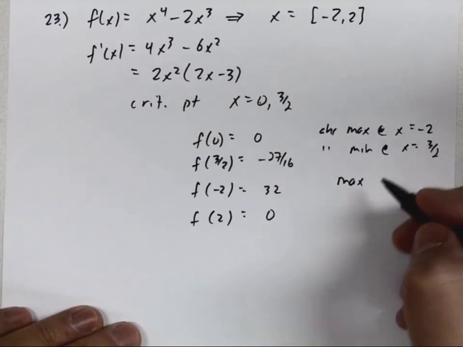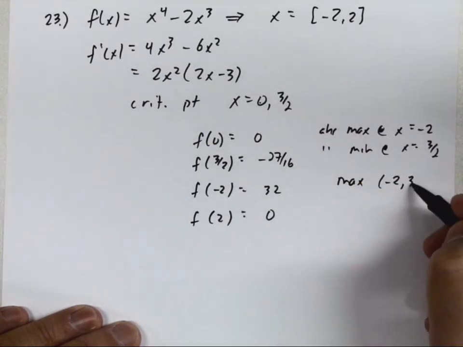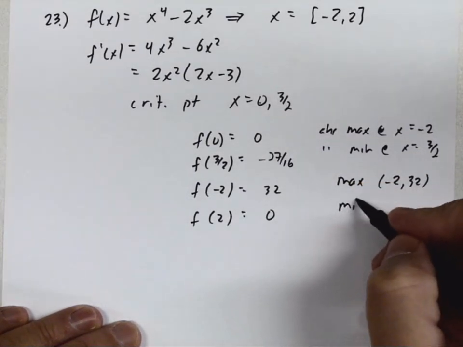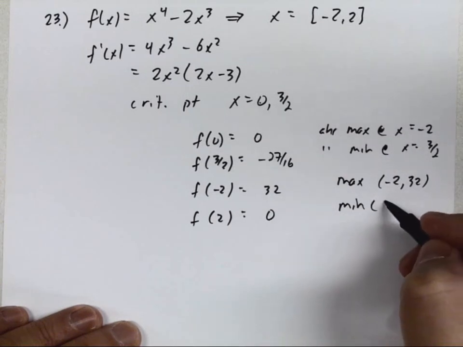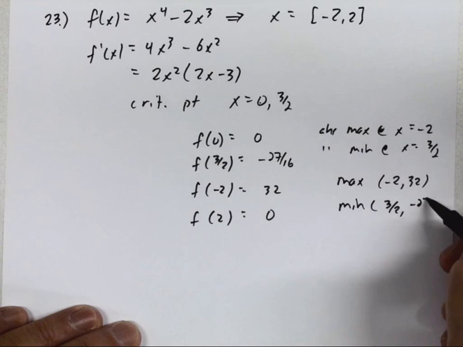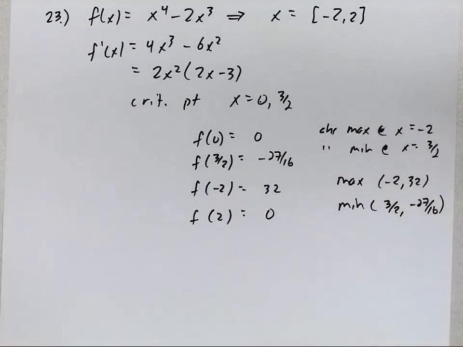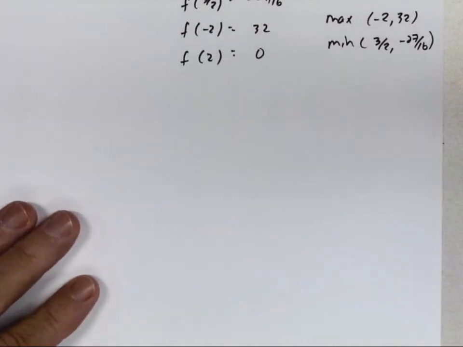The maximum would be -2, 32, and the minimum would be x equals 3/2, -27 over 16. So if they ask for the actual points, you need to put both the x and the y.